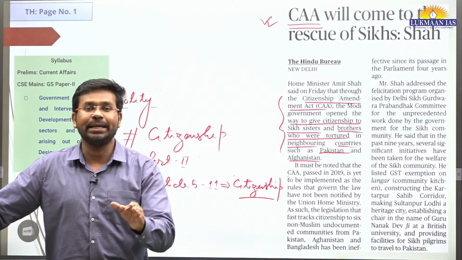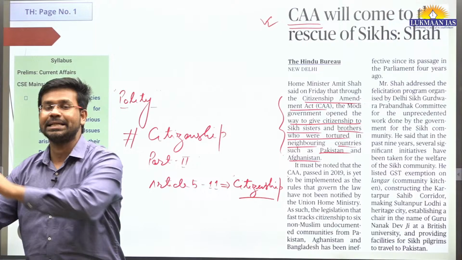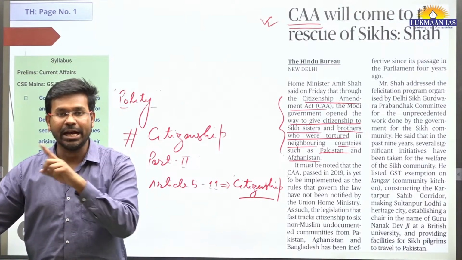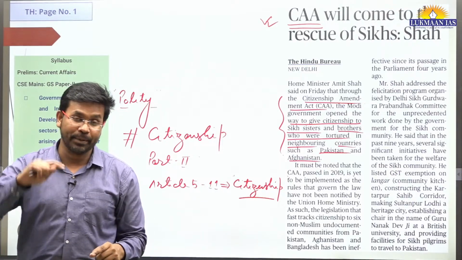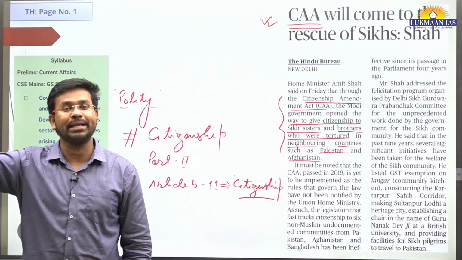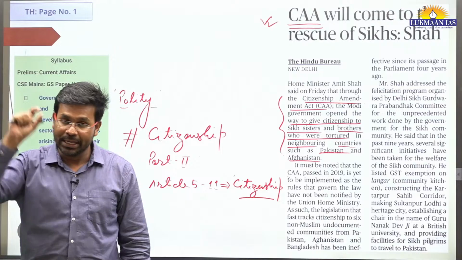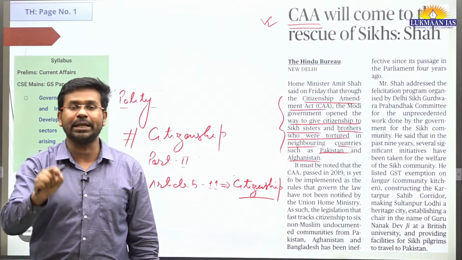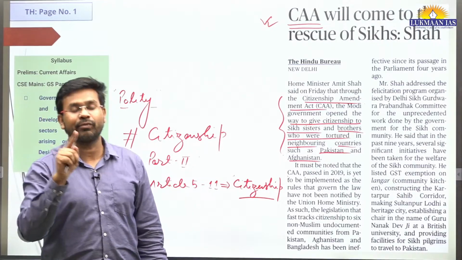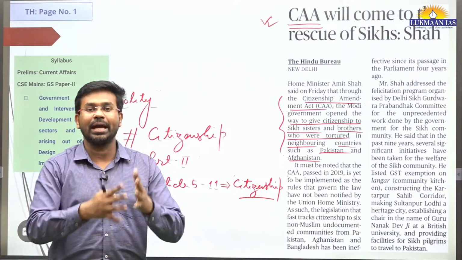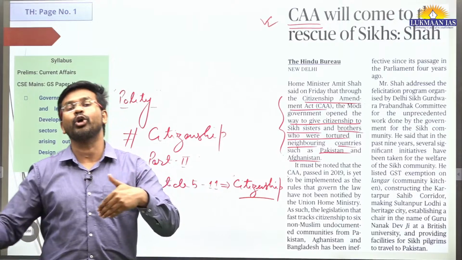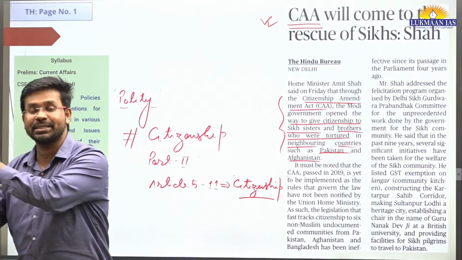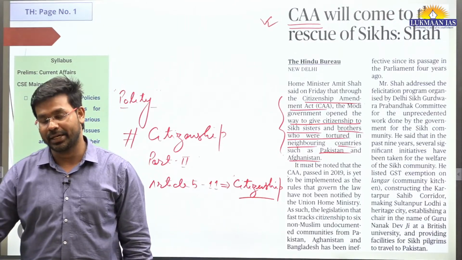For example, an Indian citizen who goes and resides in some other country and acquires citizenship there, his citizenship will automatically be cancelled from India. It is mentioned in the Citizenship Act. So citizenship gets automatically dissolved if a person gets citizenship of some other country.